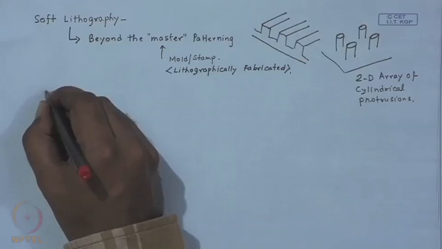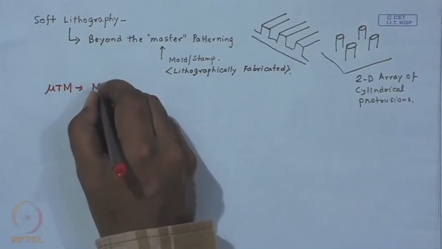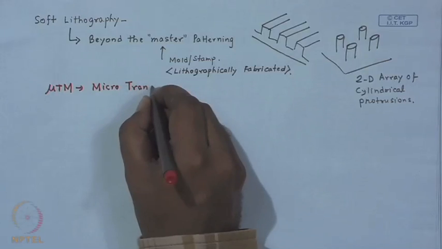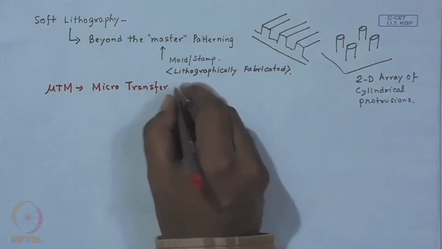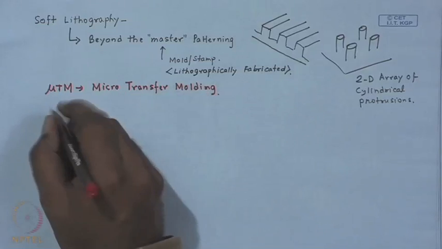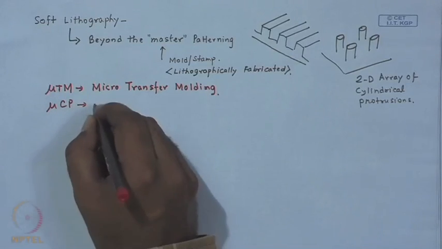And then we move on to 2 interesting aspects. One of them is microtransfer molding. We have already talked about this method briefly in one of our previous classes, and eventually we talk about microcontact printing.